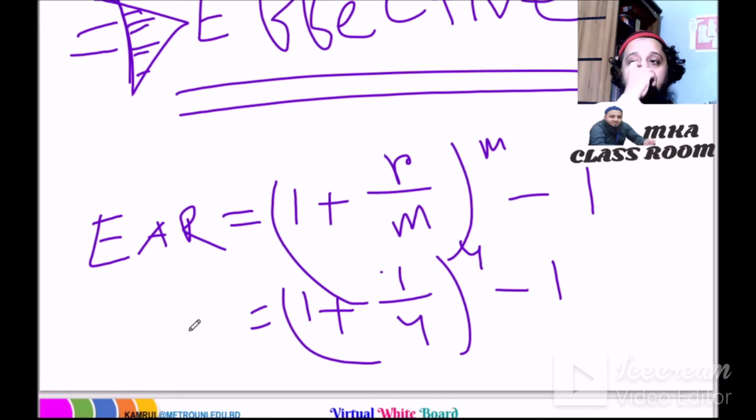When the simple rate was 10%, 1 plus 0.10 divided by 4, power 4, minus 1, shows 10.38%. That is our effective annual rate.